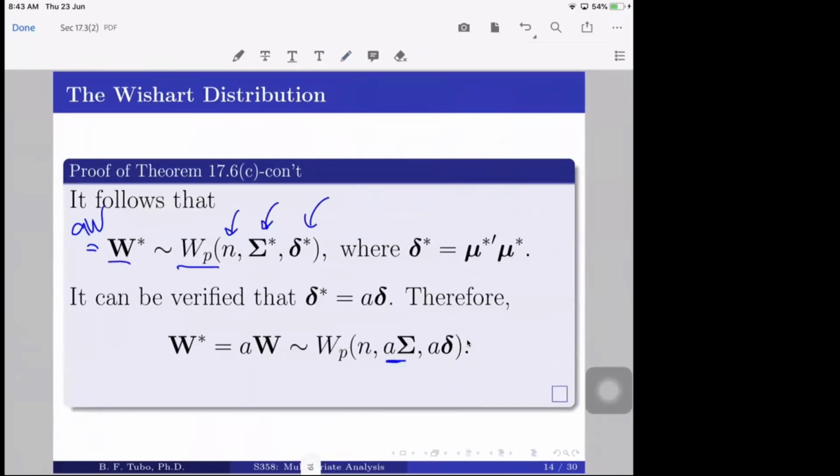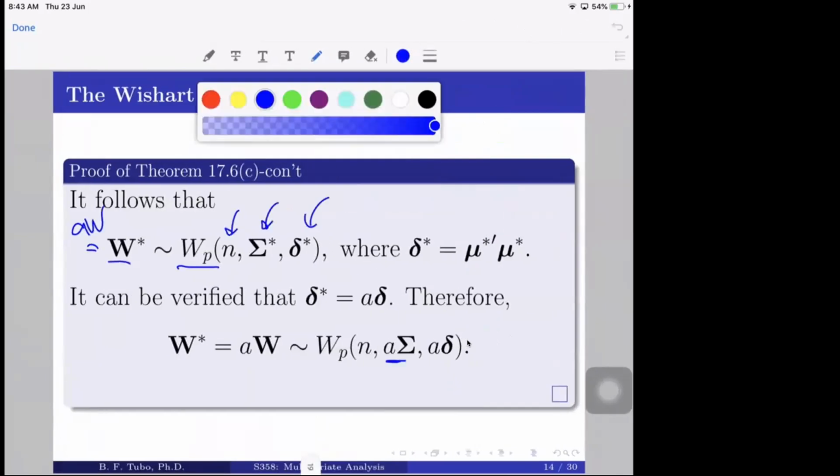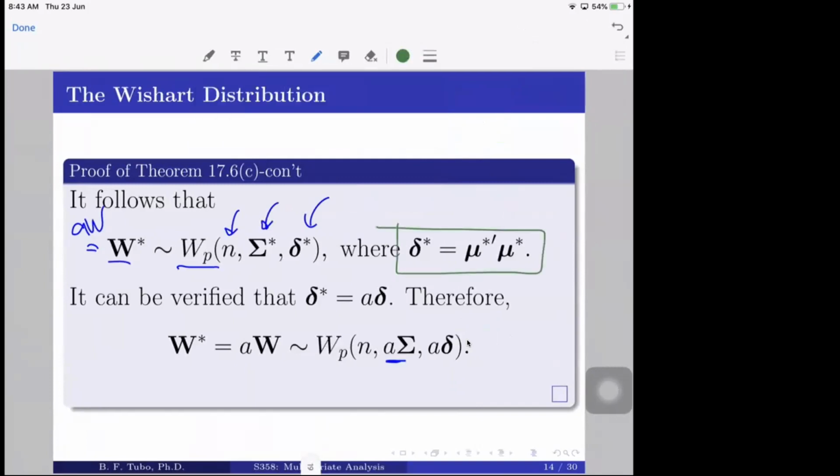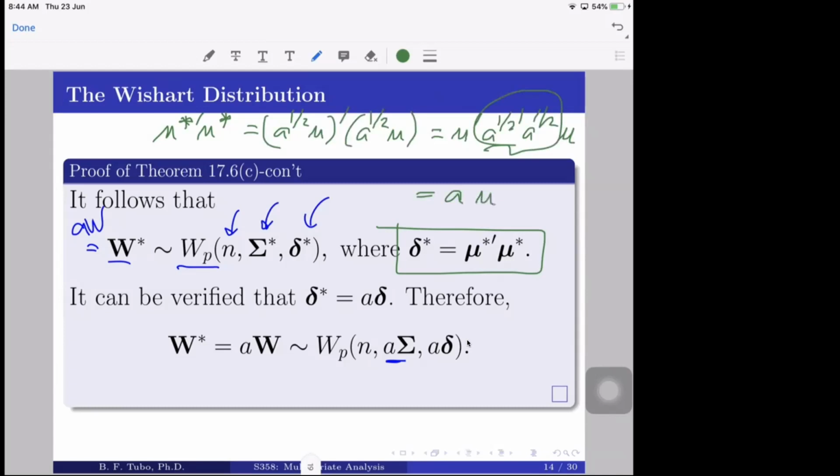So if we try to compute this one, so mu star prime mu star is actually a to the 1/2 mu prime a to the 1/2 mu, but this is equal to mu prime a to the 1/2 prime a to the 1/2 mu, but this is just scalar, so a to the 1/2 prime is just a to the 1/2 times a to the 1/2, that is a, and then you have mu prime mu, no?